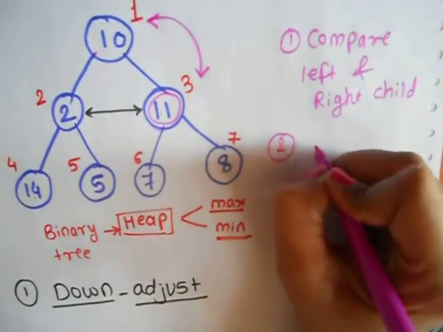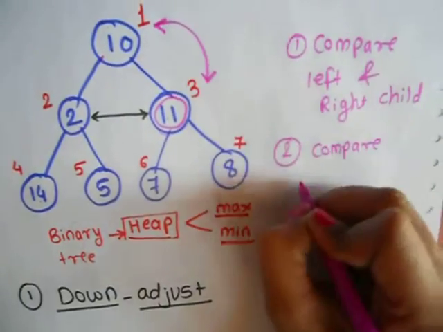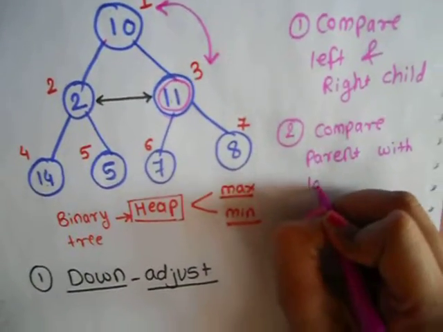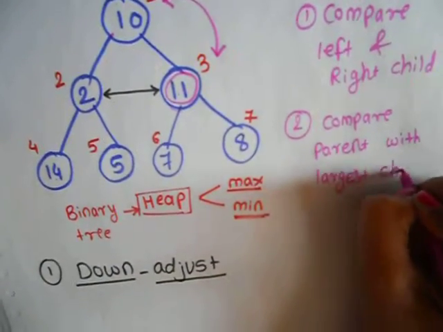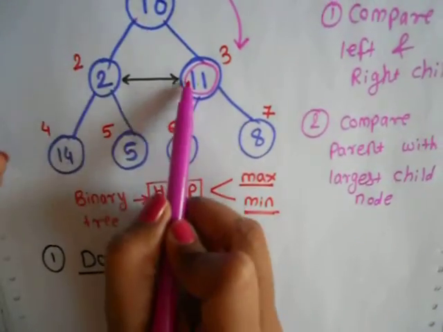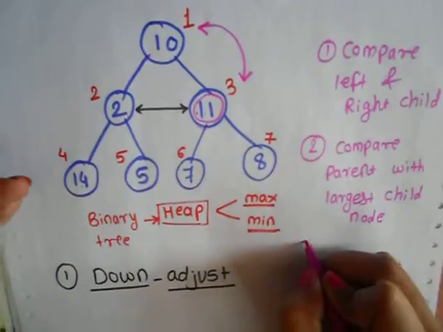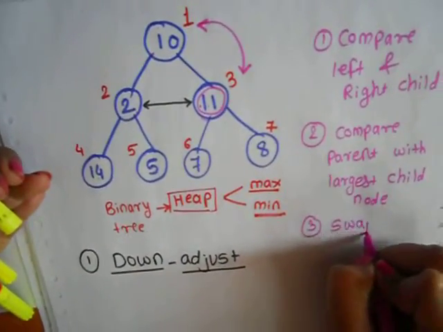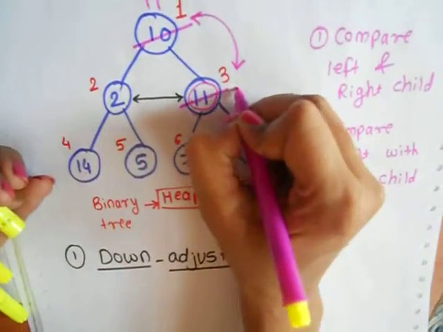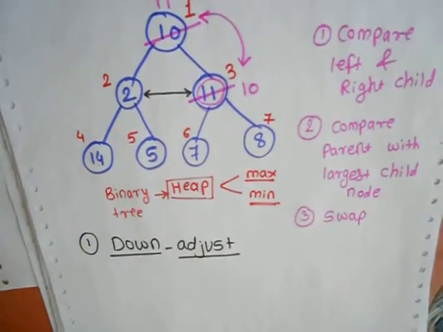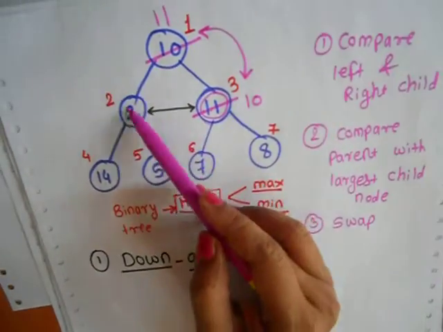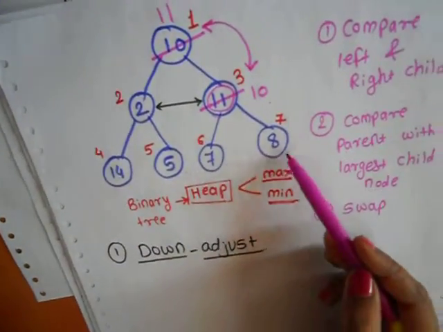Second, we compare the parent with the largest child node. Now 10 and 11, which one is greater? 11. Then swap these elements. So 11 will be here and 10 will be here. Finally we receive the binary tree 11, 2, 10, 14, 5, 7, 8.